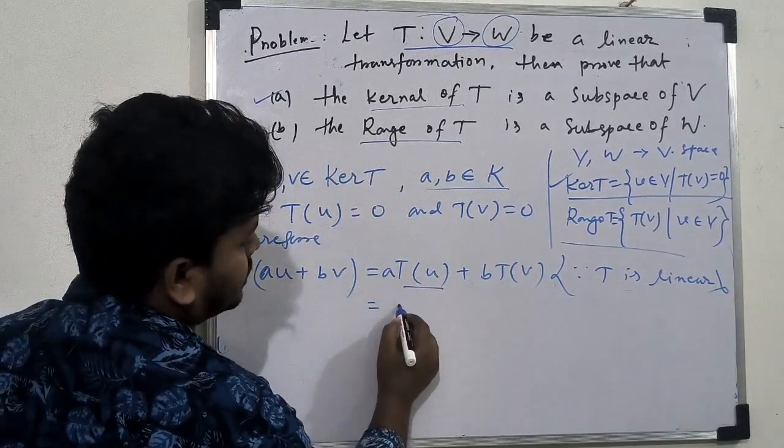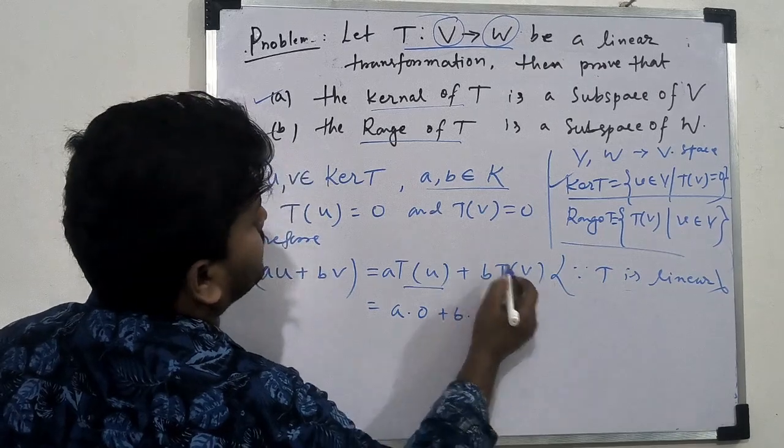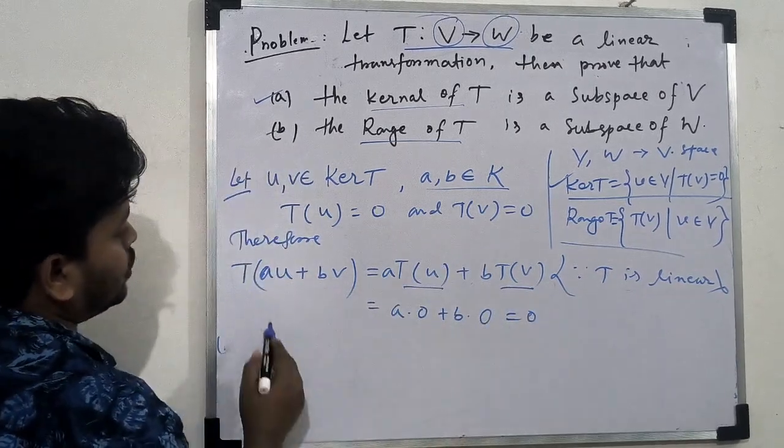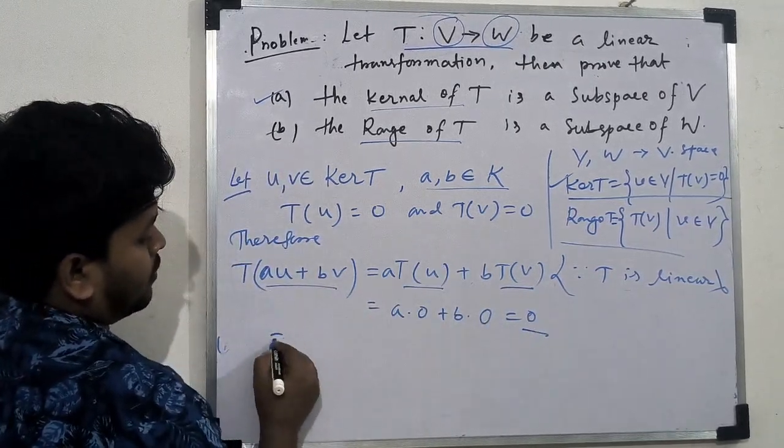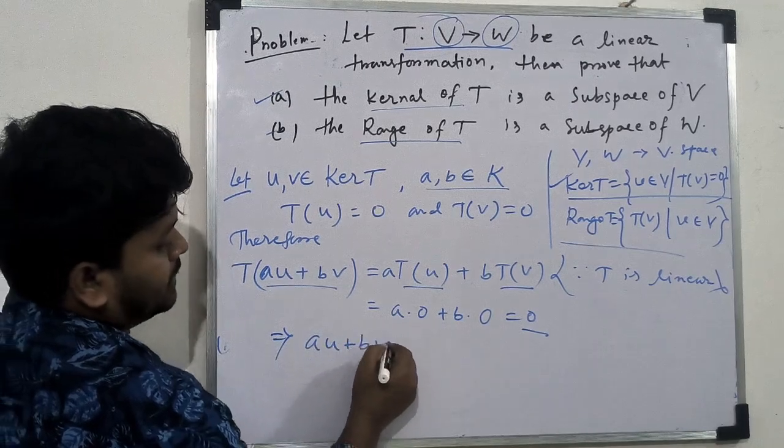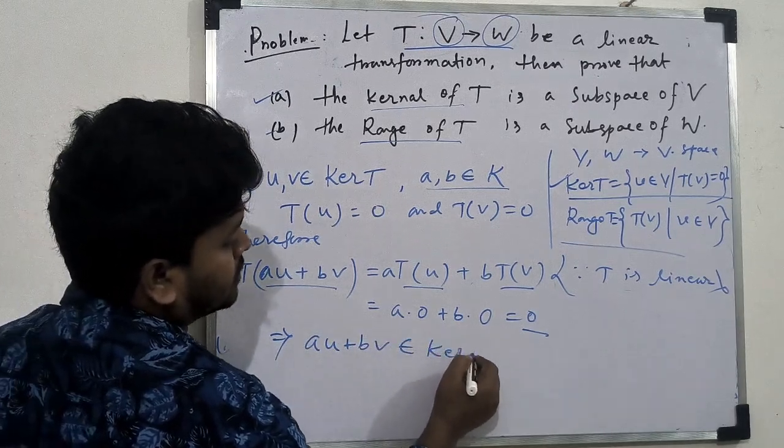Therefore, as this is 0, a into 0 plus b into 0, so therefore 0. So T of this equal to 0. From this we can conclude au plus bv belongs to kernel T.